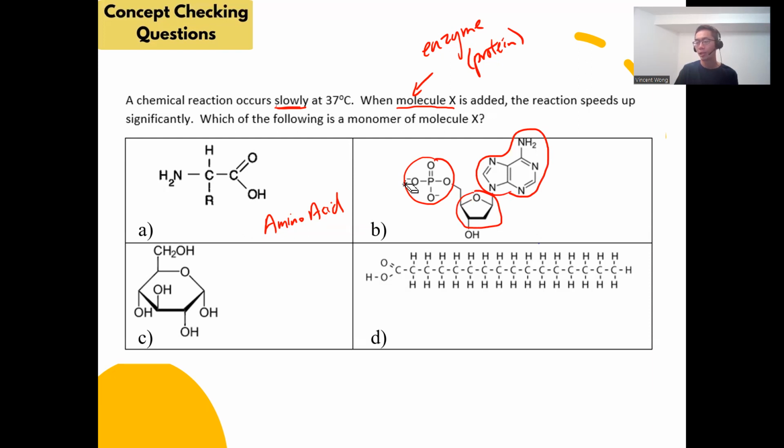We literally just learned this. We don't know if it's DNA per se, but it's a nucleotide for sure. And this is a hexagon, so some kind of sugar. And this is fatty acid. So what makes up protein? Amino acid. That's how you would approach this question.